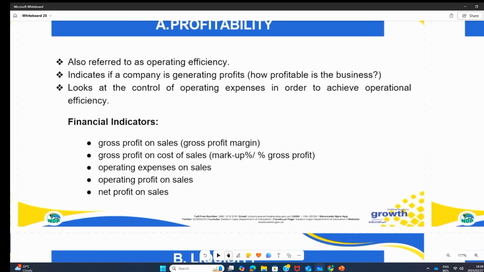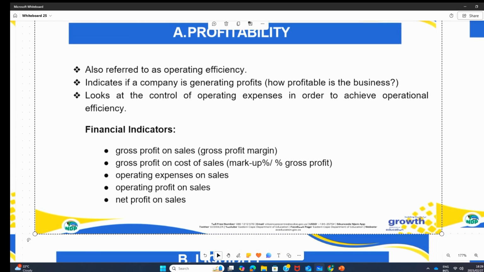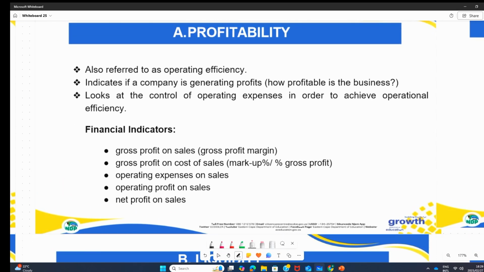Now, what are the profitability financial indicators? Remember, I said to you that you don't use all of them. You only use the three that I indicated. What are these three? Let's go back and look at it. The three that we need to look at are operating expenses on sales, operating profit on sales, as well as the net profit on sales.